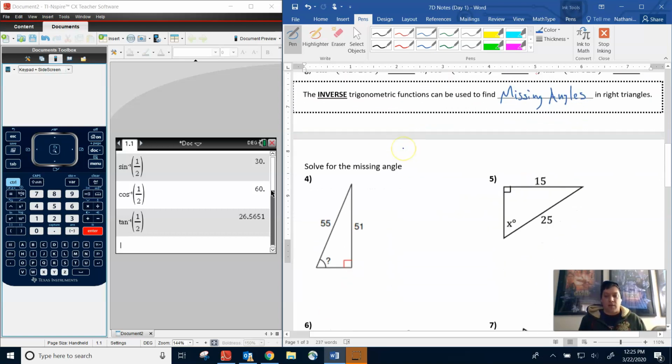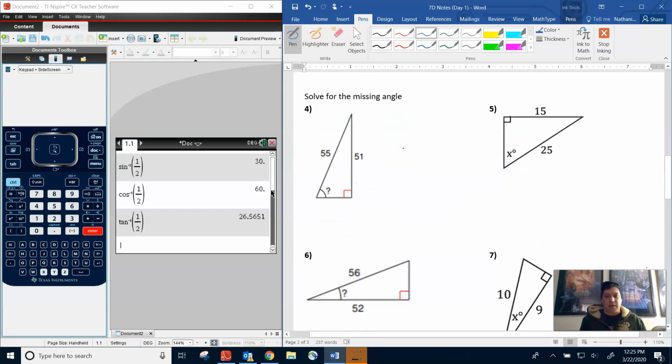So let's look at another version of this. Here it says solve for the missing angle. Well, really quickly, I always want to give you guys a little bit of a step process, like step 1. Here's our missing triangle. It has a missing angle here, and you can either use theta, which is like that circle. If you don't like theta, you can also use an X here, or you can just leave it as a question mark, because that's what you're looking for.